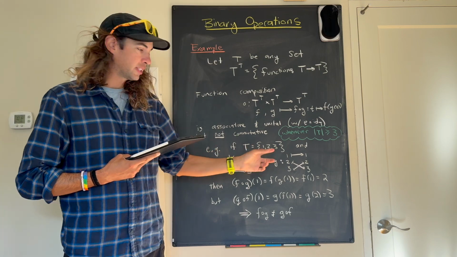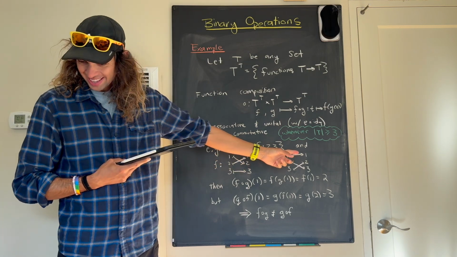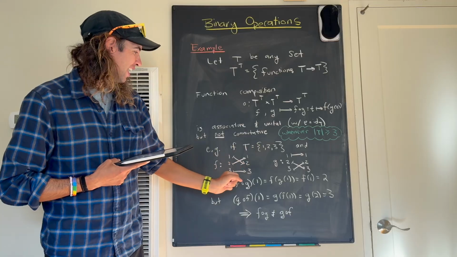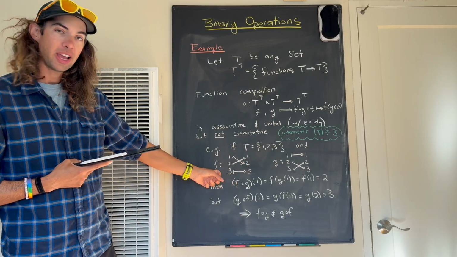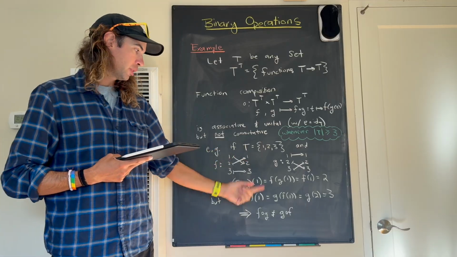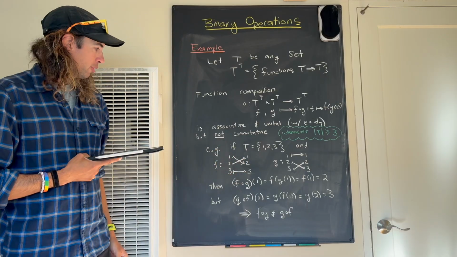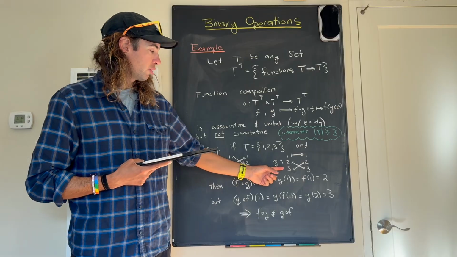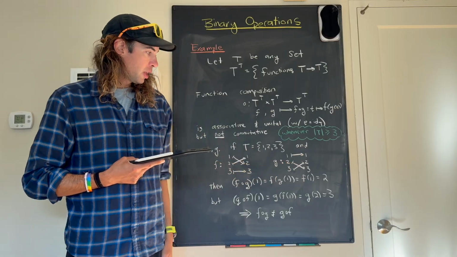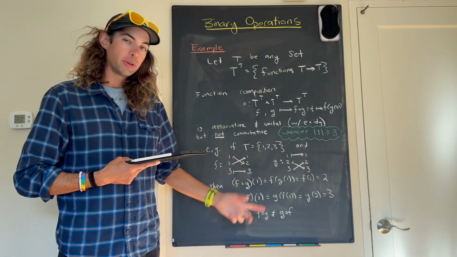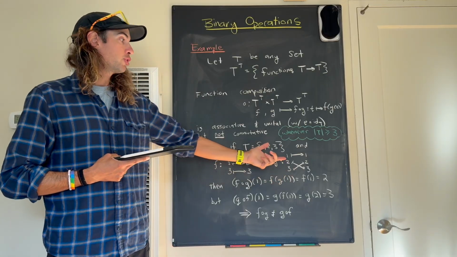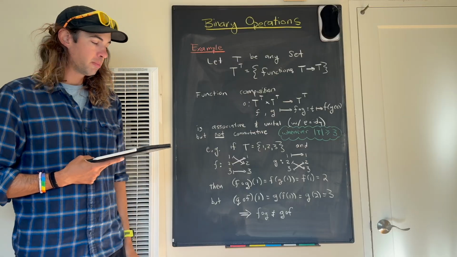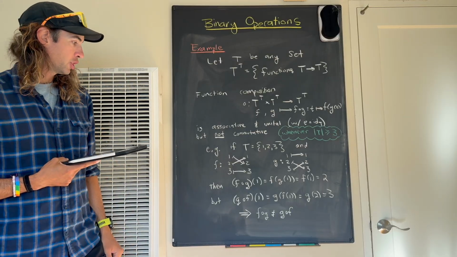So if T is just the set of numbers 1, 2, and 3, let's define the function f to be this bijection, which just swaps 1 and 2 and leaves 3 fixed, and then g is the bijection which sends 1 to 1 but swaps 2 and 3. So these are elements actually of the symmetric group on three numbers, because they're bijections.